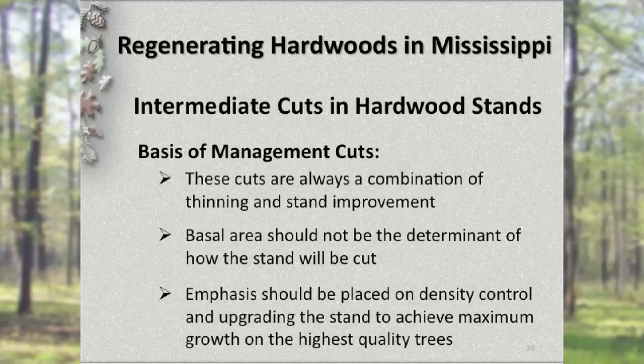The basal areas should not be the major factor of how we cut the stand. Emphasis should be placed on the density of the desired species and upgrading the stand to achieve the maximum growth over the highest quality trees over the life of the stand.